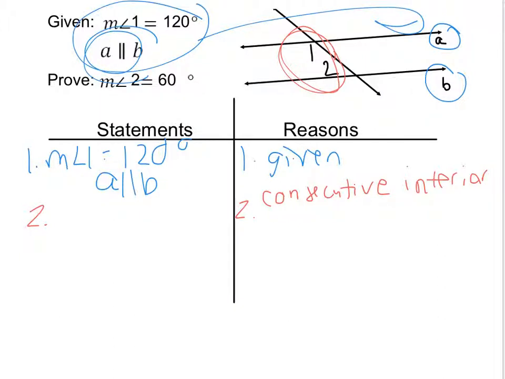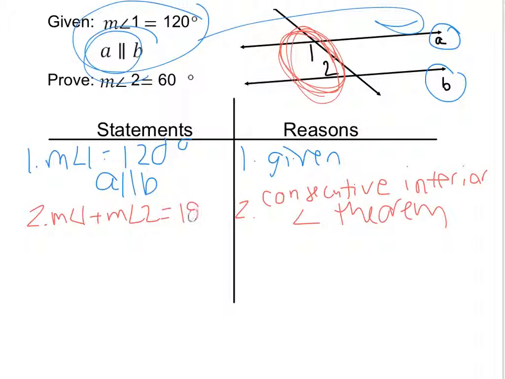Now if you want to abbreviate angles with just the angle sign, I'm okay with that. If you want to write out angles, whatever you want to do is fine. So the consecutive interior angles theorem says that if we have consecutive interior angles, they add up to 180. So your second statement will be m angle 1 plus m angle 2 equals 180 degrees.